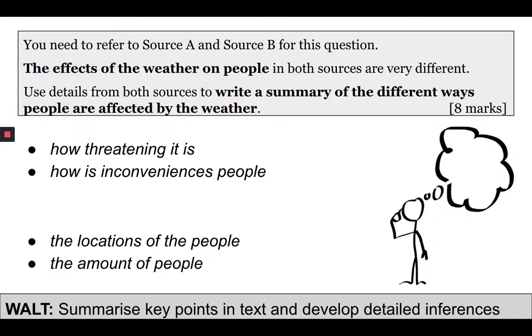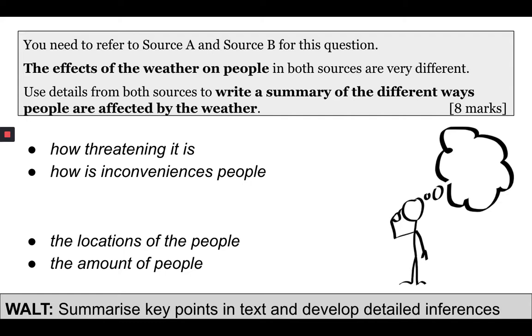I thought also some other things you could think about, the locations of the people as well. So in your inferences, you maybe want to think about one's on Mount Everest, which is a very remote and treacherous place, and the other one is the City of London, so a very urban area with lots of people about and structures and systems in place.